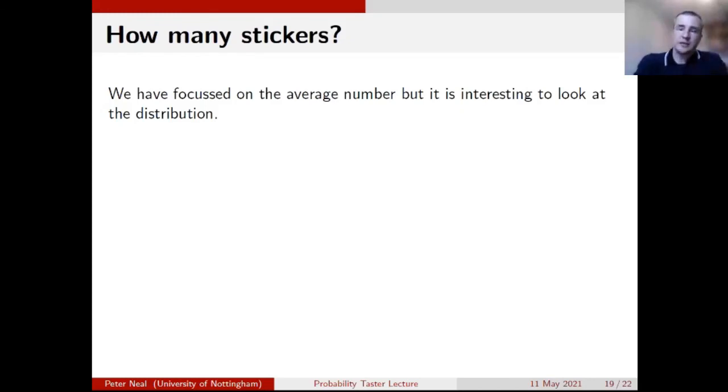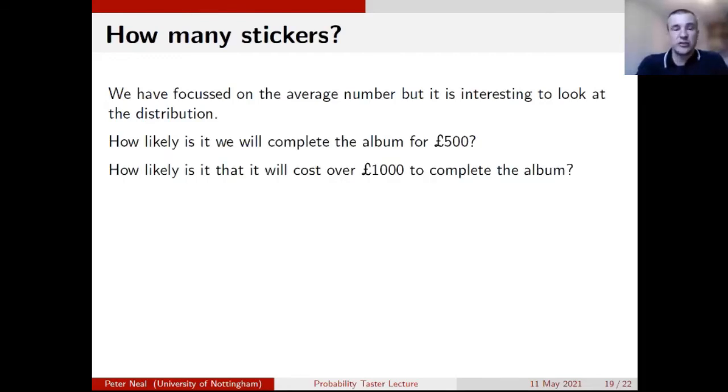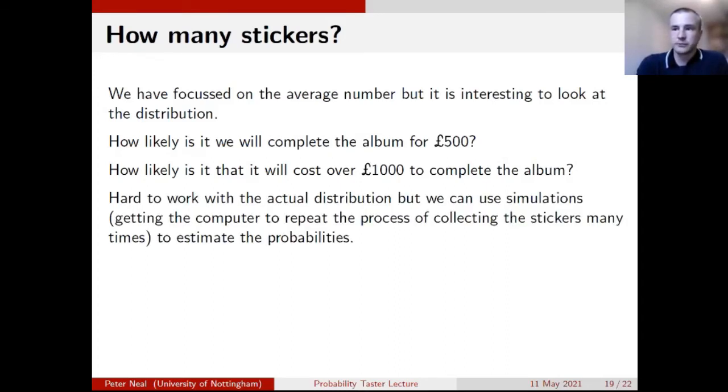We've looked at the expected number. As a probabilist, as people interested in randomness, it's interesting to look at the distribution. So we might be interested, well, how likely is it I will complete the album for £500? Or how likely is it going to cost me more than £1,000 to complete the album? It's quite hard to work these out exactly, but what we can do is use simulation.